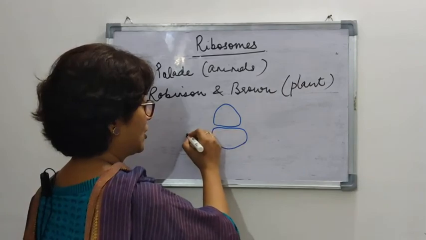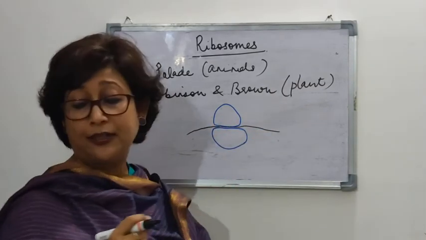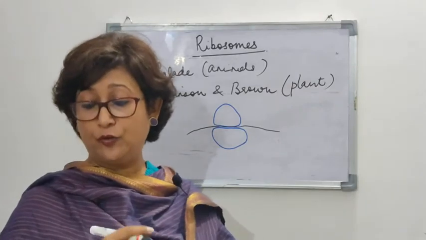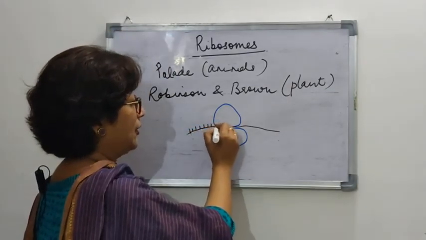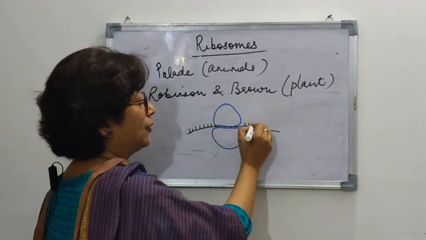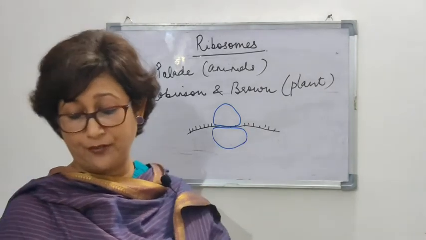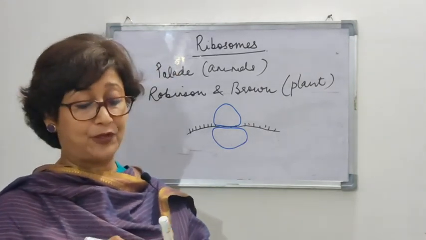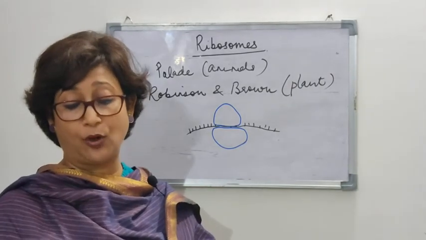This region, the space that is there, is for the RNA to form the protein. They carry the amino acids over here to form one particular protein, right? So the covering membrane is absent, and that is why it is not called a membrane bound organelle.